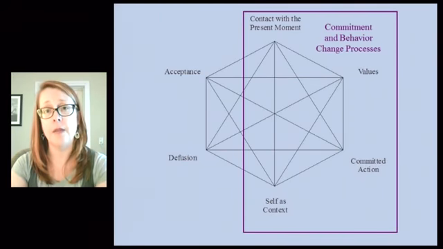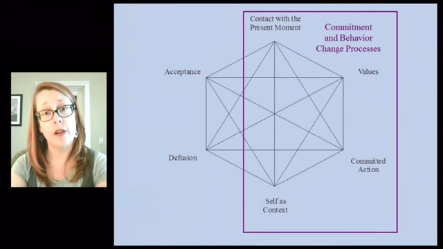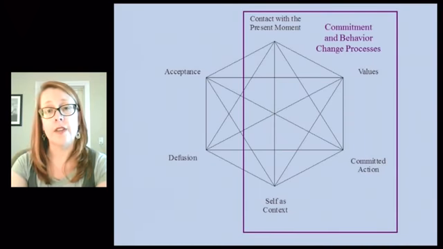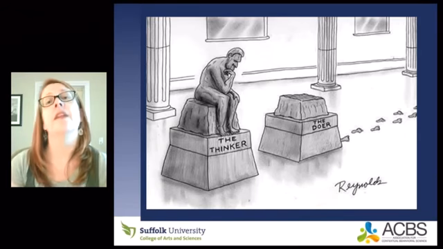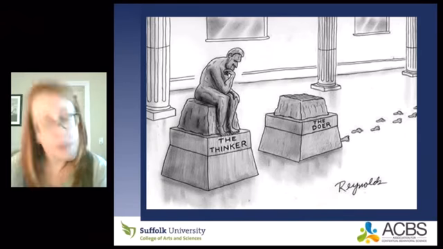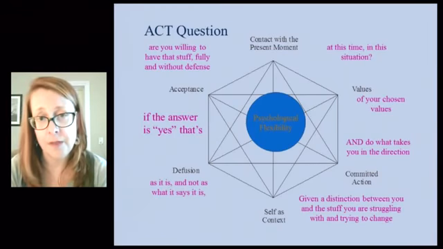And at the same time, it provides us a technology for changing behavior, for helping people change their behavior. Just like our thinker and our doer here in this next slide. So to sum up the ACT model, this is really how we think about it. And I'm going to read it to you so you can follow along with me.